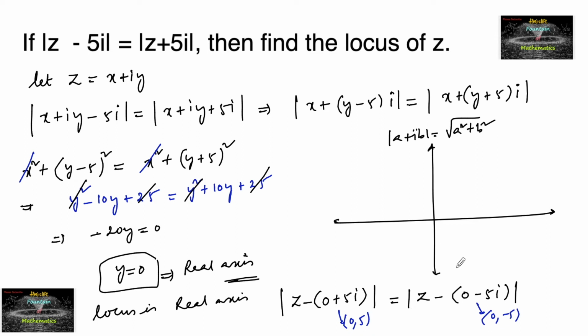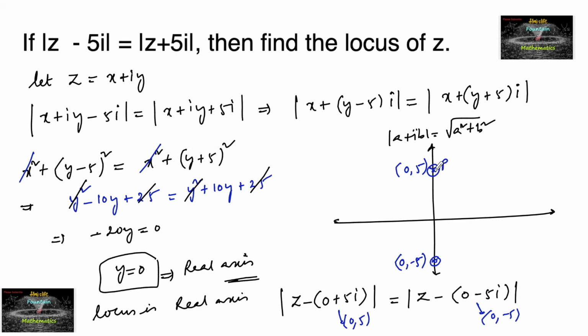So these points are located as (0, 5) on the positive y-axis, say this is P, and (0, minus 5) on the negative y-axis. There is a complex number, and we need to find the locus of that complex number such that the distance between these 2 points is always the same.